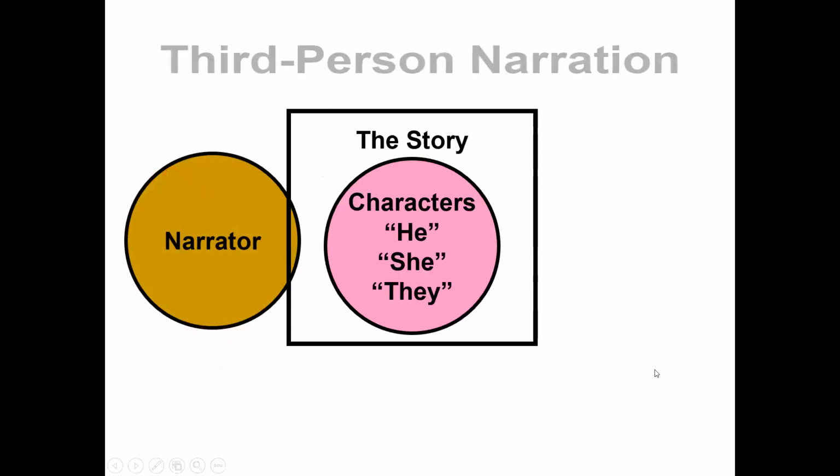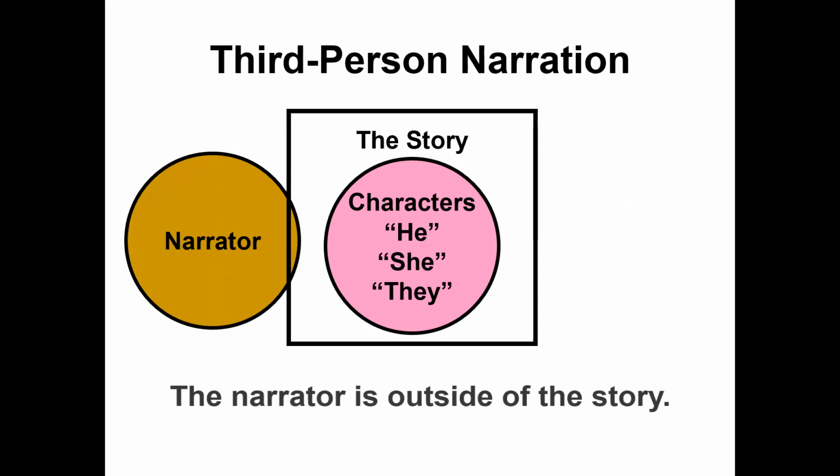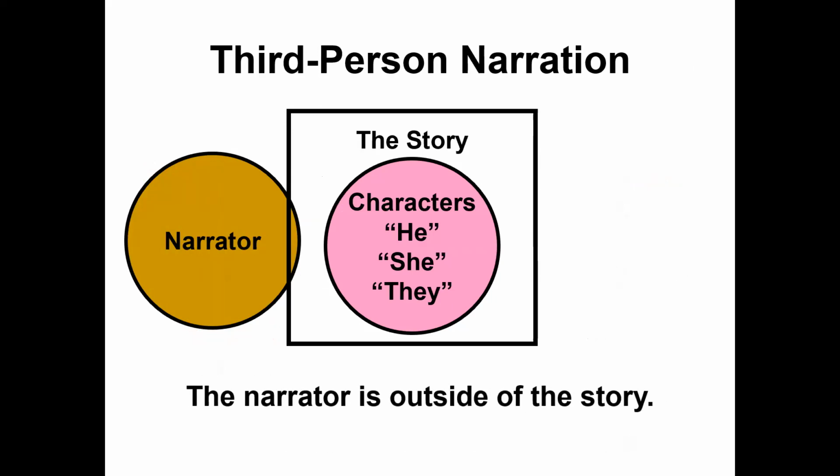And so for third person point of view, write this down for me, please. The narrator is outside of the story. Okay. So you have the characters he, she, they, it.